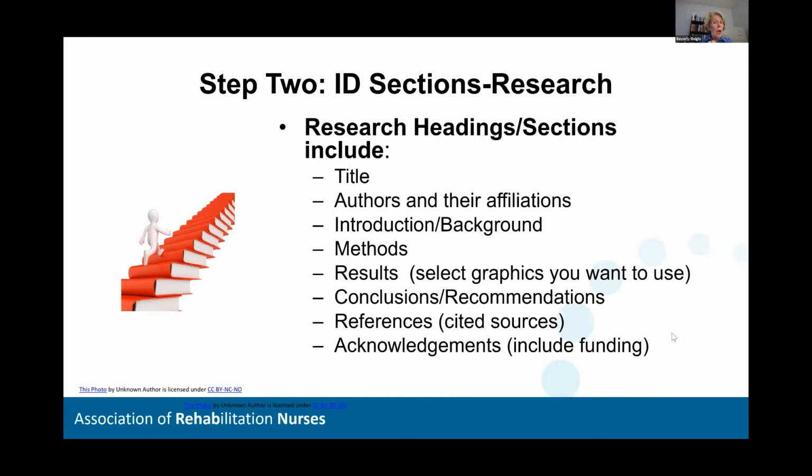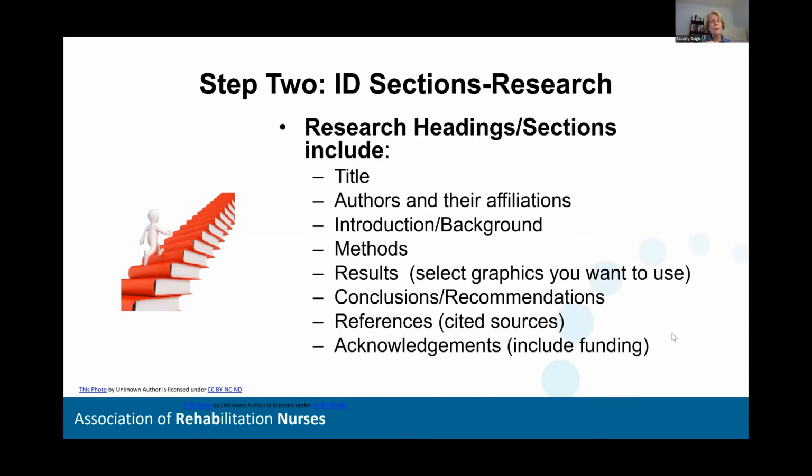For the other areas, you would start with introduction and background. Now that sounds like, well, gee, that could be just one sentence. No, what would go into your introduction and background for research would certainly be: what is the problem that you're dealing with? What is the purpose of this study? If it was experimental, you would talk about your hypotheses if you had them. If it's qualitative or non-experimental, you might have had research questions.